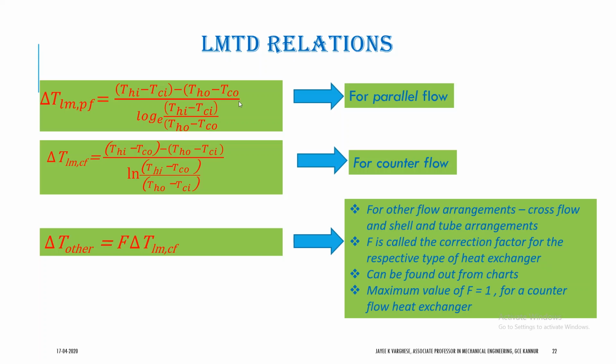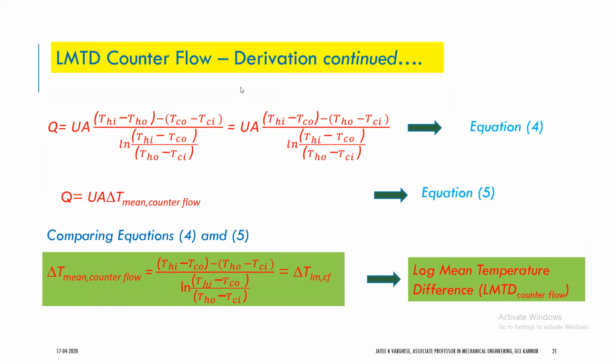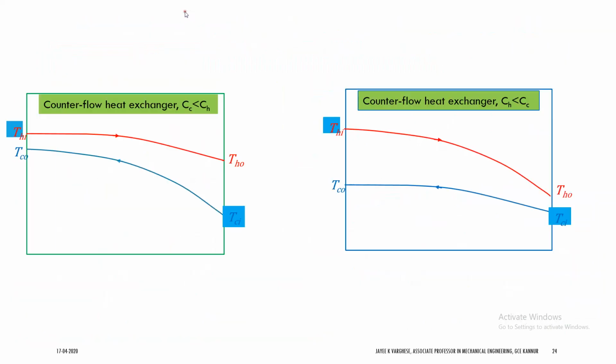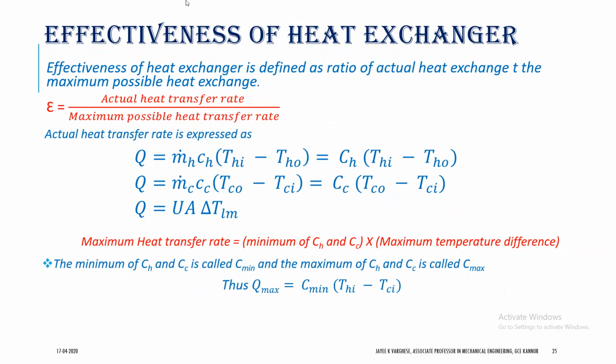Or the outlet temperatures can be calculated using the m Cp delta T relationship. The inlet temperatures of hot and cold fluids will be known, and if the mass flow rates and the specific heats are known, we can calculate the outlet temperatures of hot and cold fluid from the corresponding relations, like Q is equal to mH CH times Thi minus Tho.